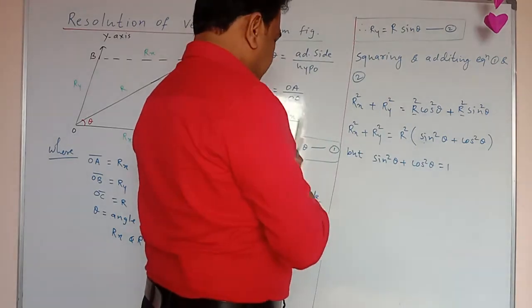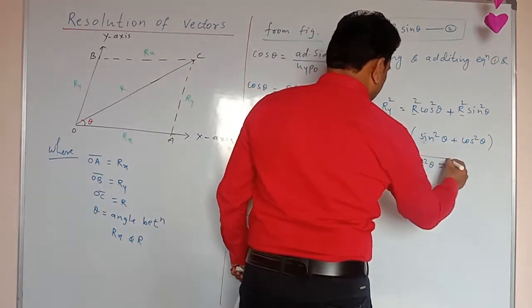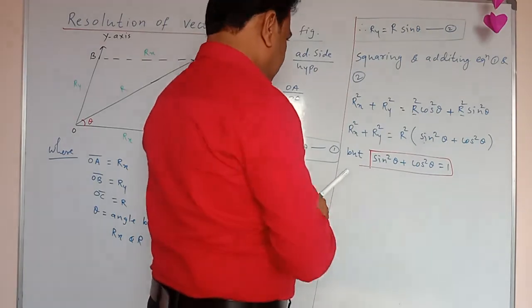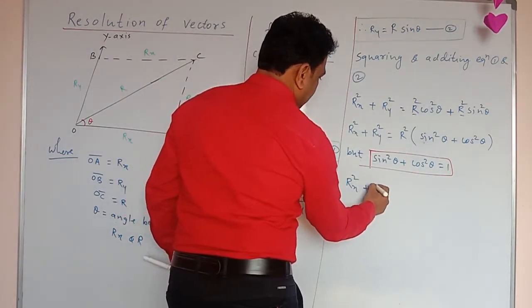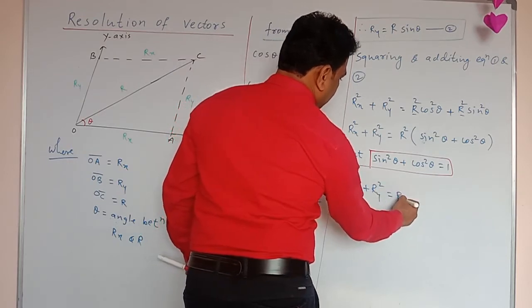So using this formula, we can write the above equation like this, that is Rx square plus Ry square is equal to R square.